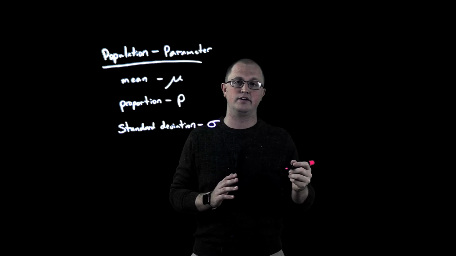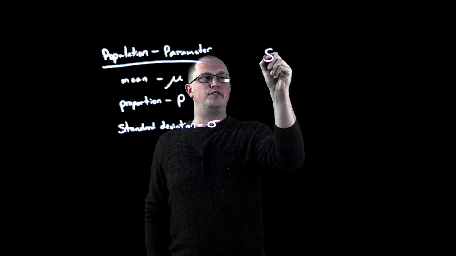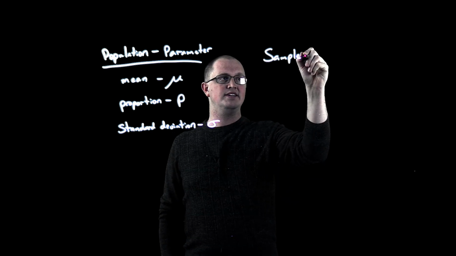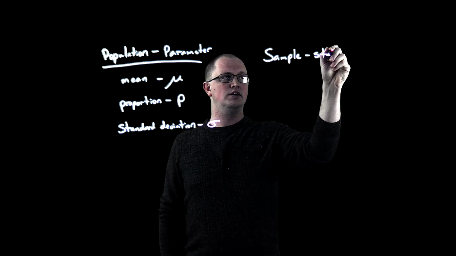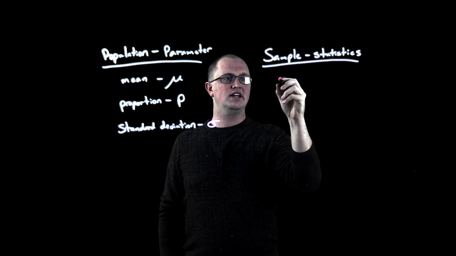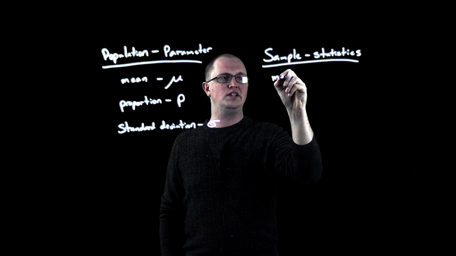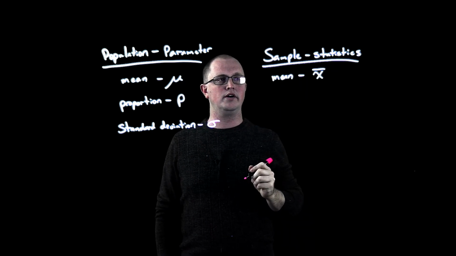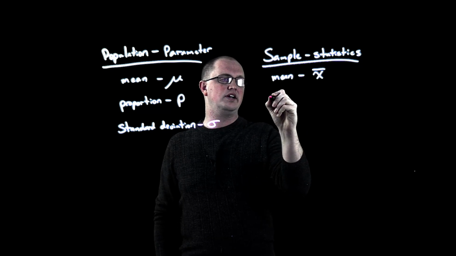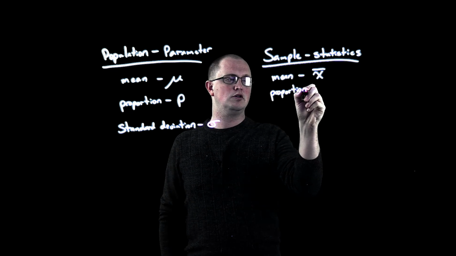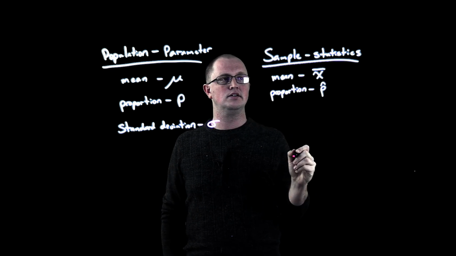Now, on the other hand, once we take a sample from that population, the values that we get from that data are called statistics. And so for a sample mean, we'll use x bar. For a sample proportion, we'll use p hat.